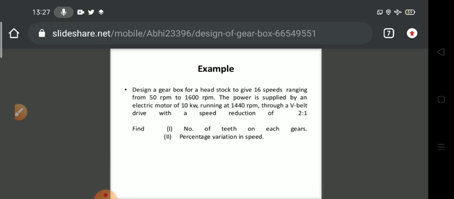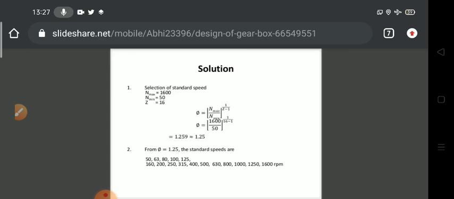The power is supplied by an electric motor of 10 kilowatt running at 1440 rpm through a V belt drive with a speed reduction of 2 to 1. Now, what is the relation between the 16 spindle speeds and the speed reduction of 2? It is 2 raised to 4. So we have to construct a structural diagram having 4 stages. Here z is equal to 16, as 2 into 2 into 2 into 2.